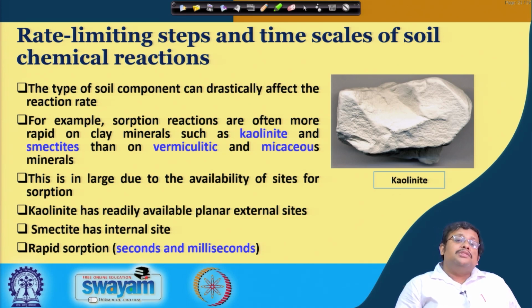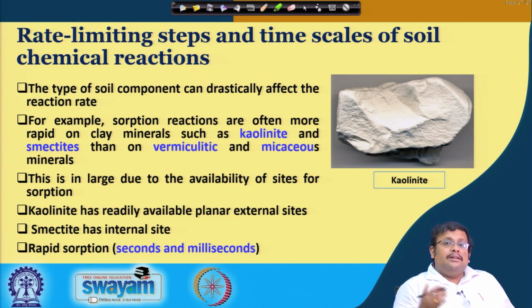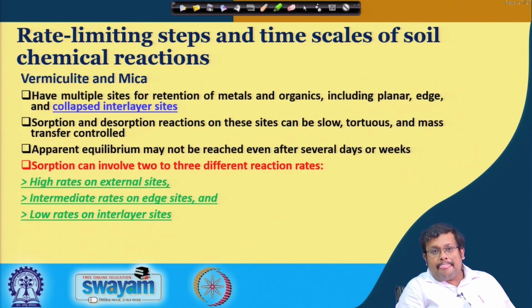Smectite also has huge internal sites because it is highly expanding in nature. So, these sorption reactions are very rapid in kaolinite and smectite type clay minerals, and can take seconds and milliseconds to execute.